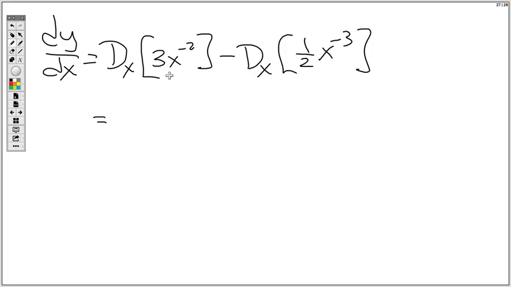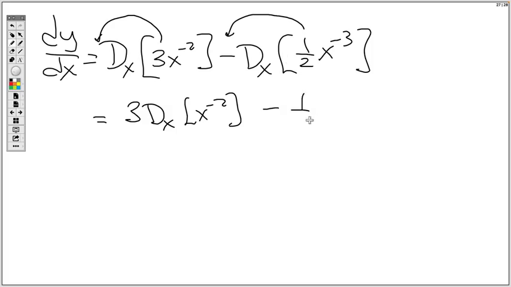What rule can I use now in the first term? Constant multiple. Bring that 3 out front, times derivative of x to the minus 2, minus, what rule can I use here? Bring it out front.